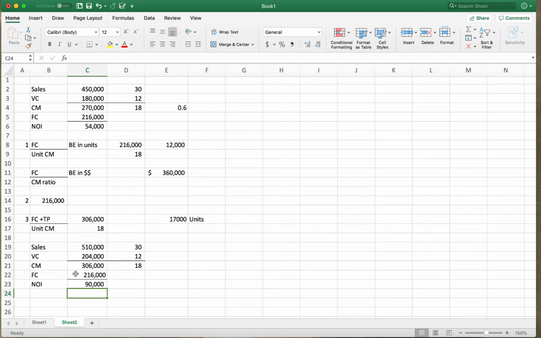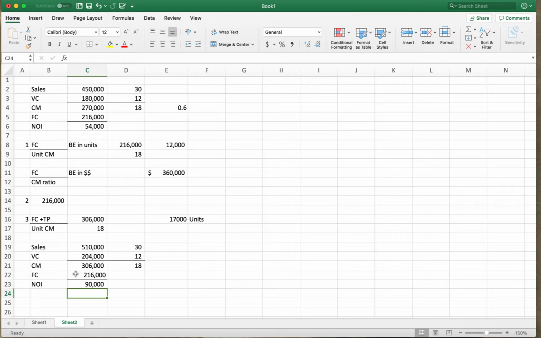Margin of safety is a pretty important number for us to know. Why? Because this is the amount by which sales can drop before we actually incur a loss, right? Our sales can drop by a certain number before we end up losing money, meaning our sales are not enough to cover our costs.